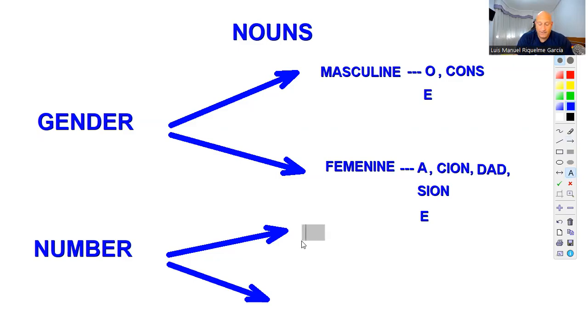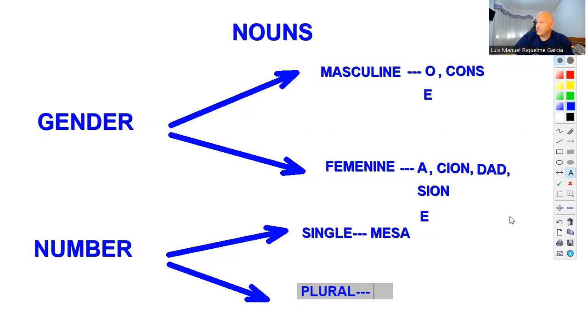How do we turn a single word into a plural? Let's use as an example the word mesa, table. How do I turn that single word into a plural word? Well, in that specific case, the word ends with a vowel, so I will only add an S, mesas.